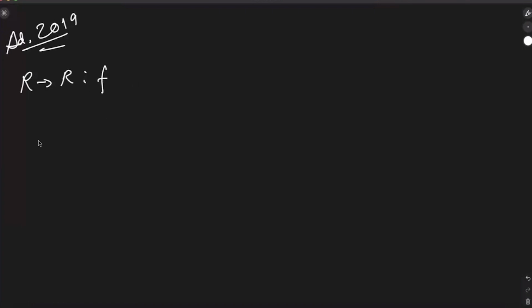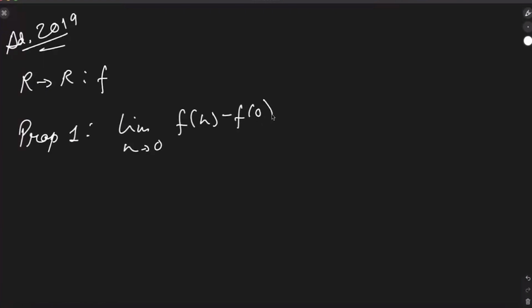Alright. So its property 1, Prop 1: limit h tends to 0 of (f(h) minus f(0)) whole under root mod h exists and is finite.